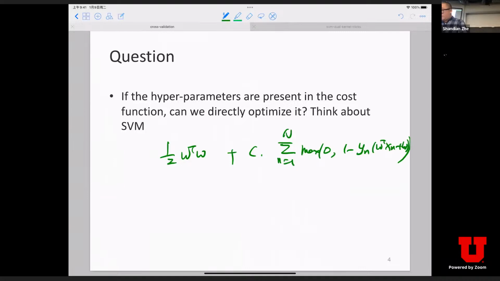What if I just minimize this objective function in terms of C? What will happen? Previously we just optimized this with respect to W and B. But now if I want to determine C, can we just jointly optimize the objective with respect to C? Can we do that?